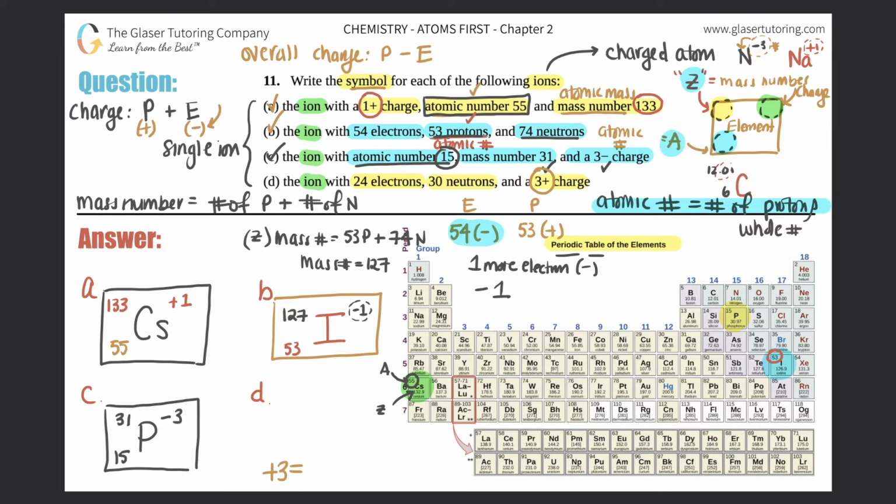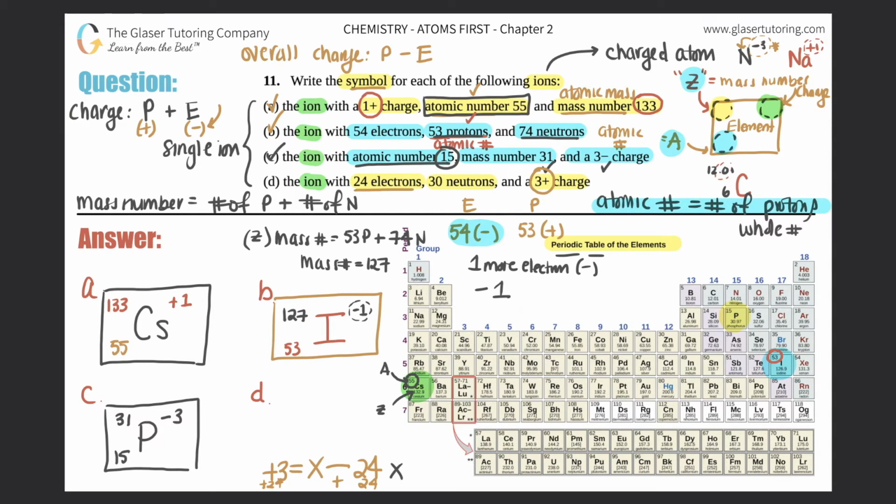equals the number of protons, which we don't know, x, minus how many electrons were there? Oh, 24. So now I can do simple algebra to solve for how many protons there were. So all you got to do is just plus 24 on both sides, right? So 24 plus 3 is 27.